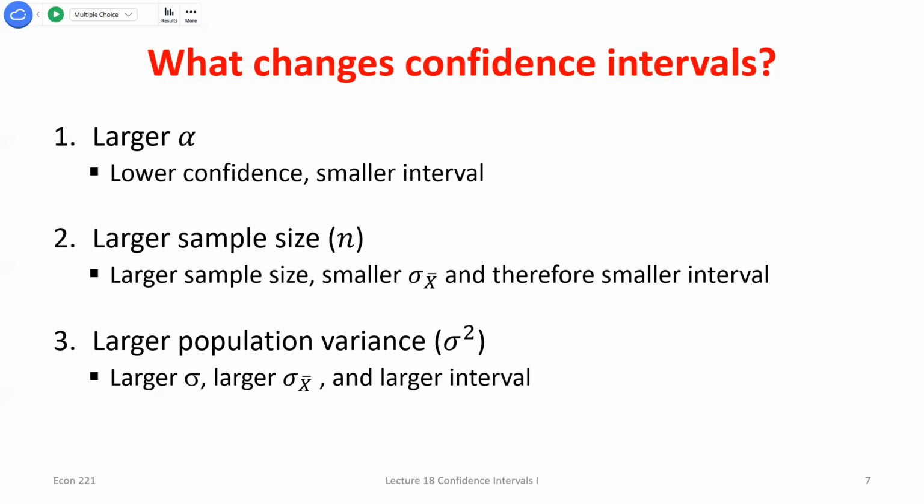So why is that a good thing? Well, because it's way more likely that I'm going to get a sample mean that's really close to the population mean. So when I have these high sample sizes, I know that whatever sample mean I'm seeing, it's very likely going to be pretty close to that population mean.